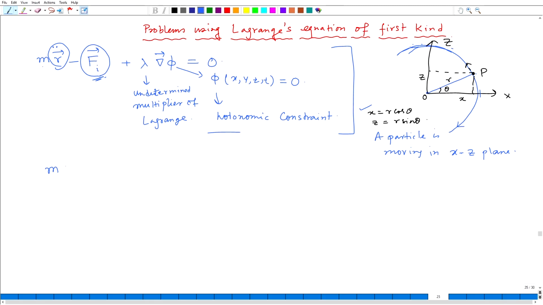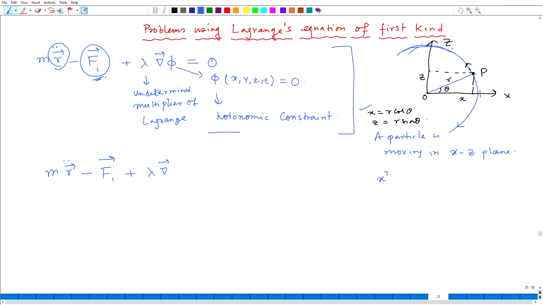So, I can actually write this thing in this way. m r double dot minus f, plus lambda. Now, first we will attack this phi. So, what is the constraint here?